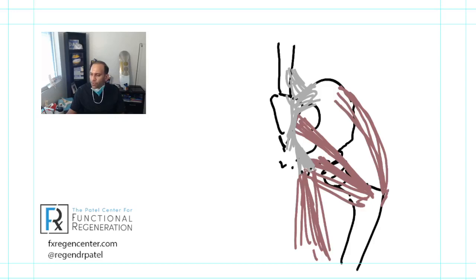And mixed in between all of this stuff are your nerves that come from the low back and create the sciatic nerve that travels underneath, through, or over your piriformis and travel past all of these muscles to then go down the legs.